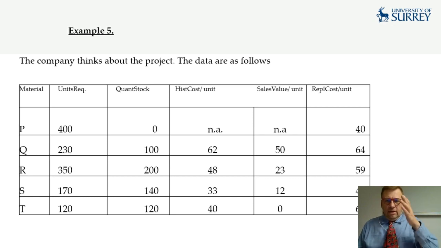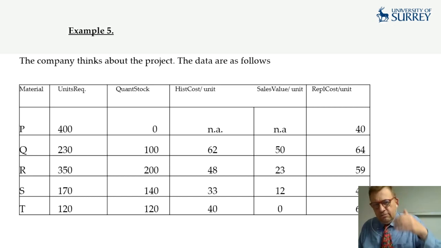And in the last column, we have the replacement cost per unit. It means if we want to go on the market and buy this material, P, Q, R, S, and T, this is what we will have to pay.